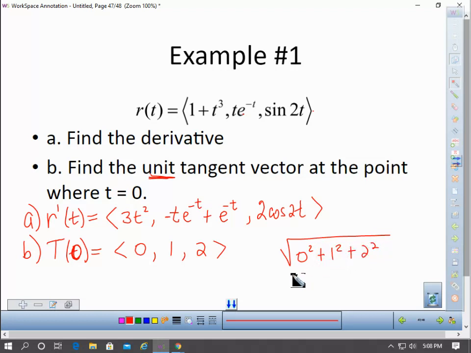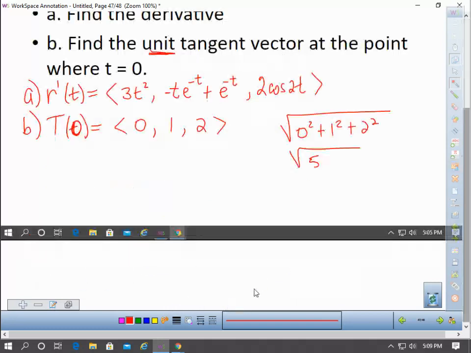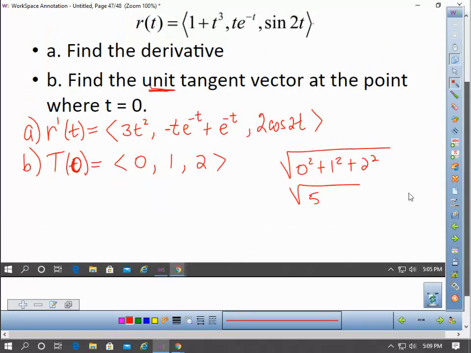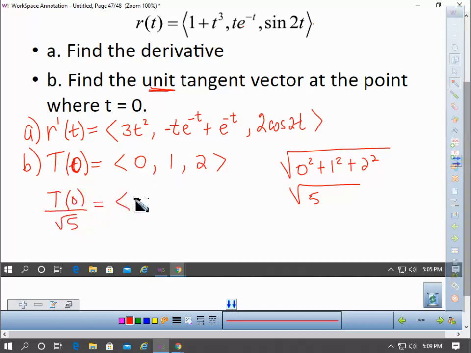So its length is the square root of 5. So if I divide this vector by its length, the square root of 5, I've made it a unit vector. So T of 0 is r prime of 0 divided by square root of 5. I'm just going to divide these values by square root of 5.